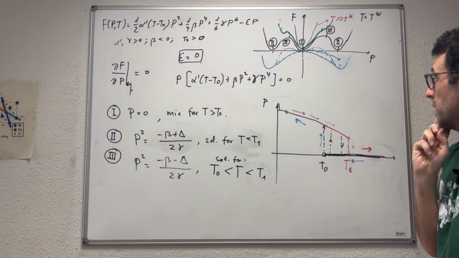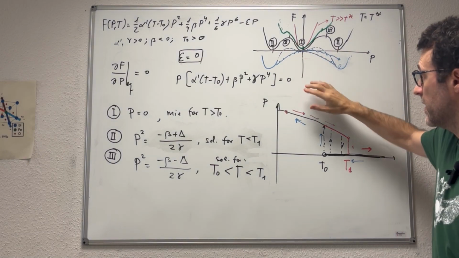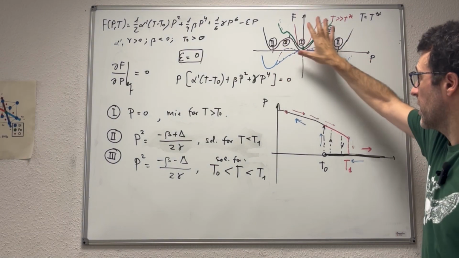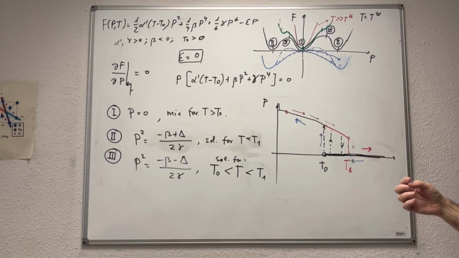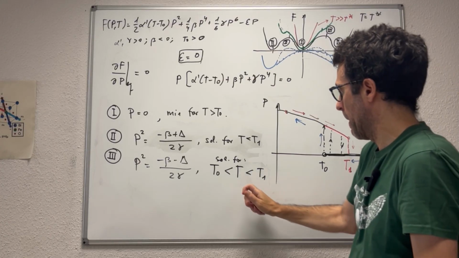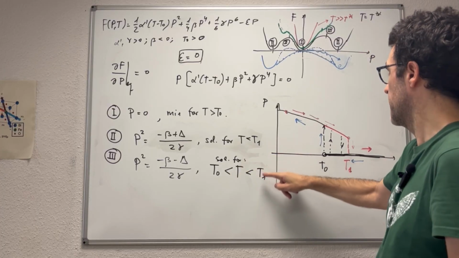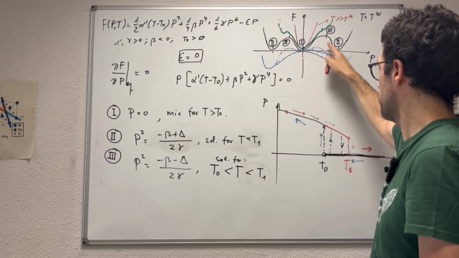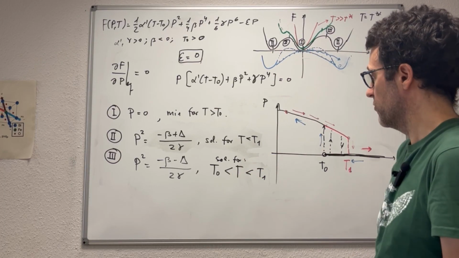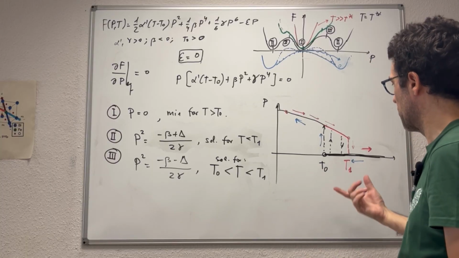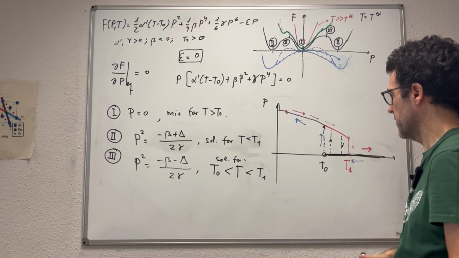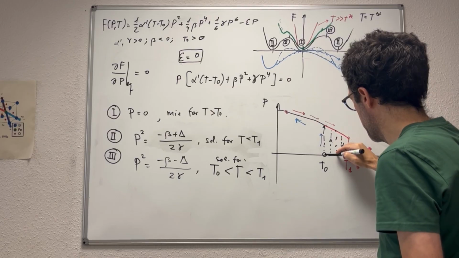Okay. And the second consideration is that our T star, from everything that we have drawn here, clearly has to be a temperature where we have this situation with 3 minima and 2 maxima. So about T star, we know that it has to be between T0 and T1, right? So tentatively, let me draw it here.